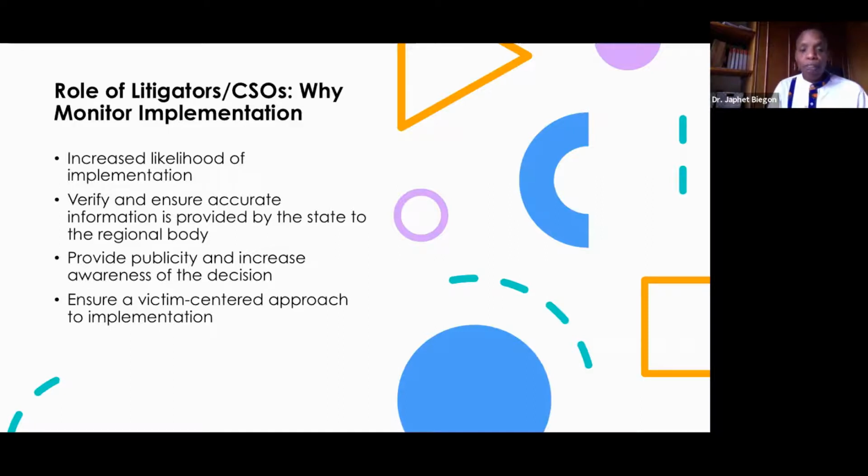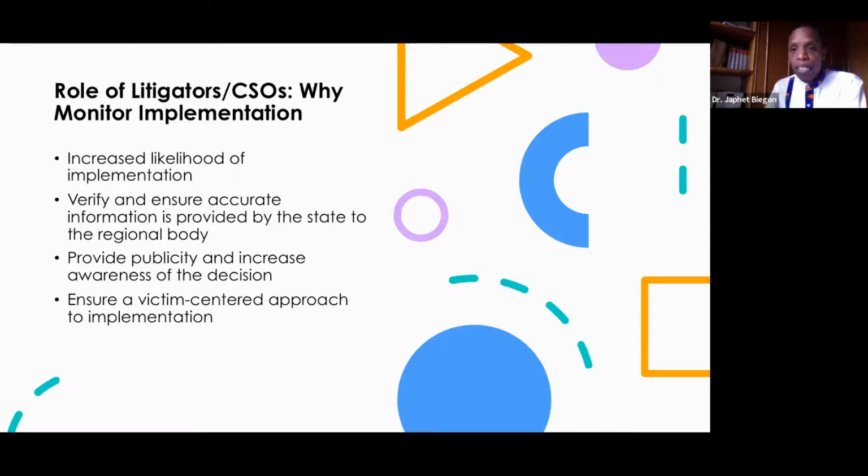And also to provide publicity and increase awareness of the decision. If the decision is not known publicly to a variety of actors who can push the state to act, then non-compliance is more likely. And then finally, to ensure a victim-centered approach to implementation.